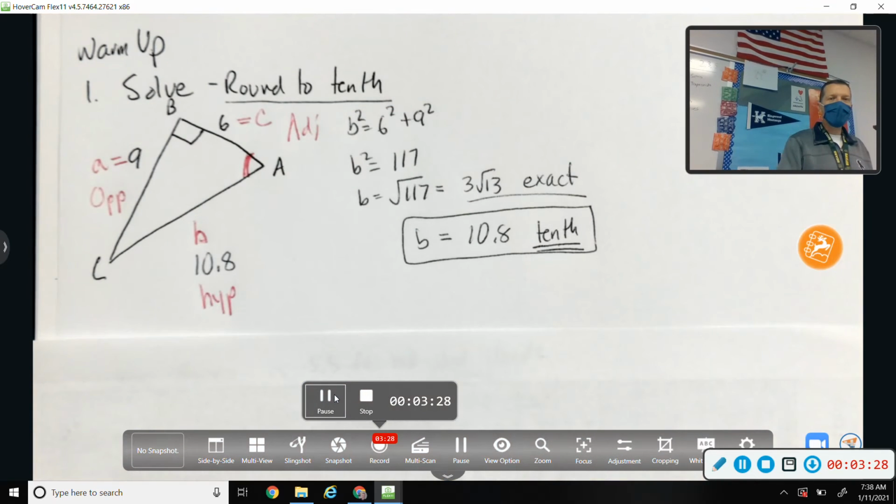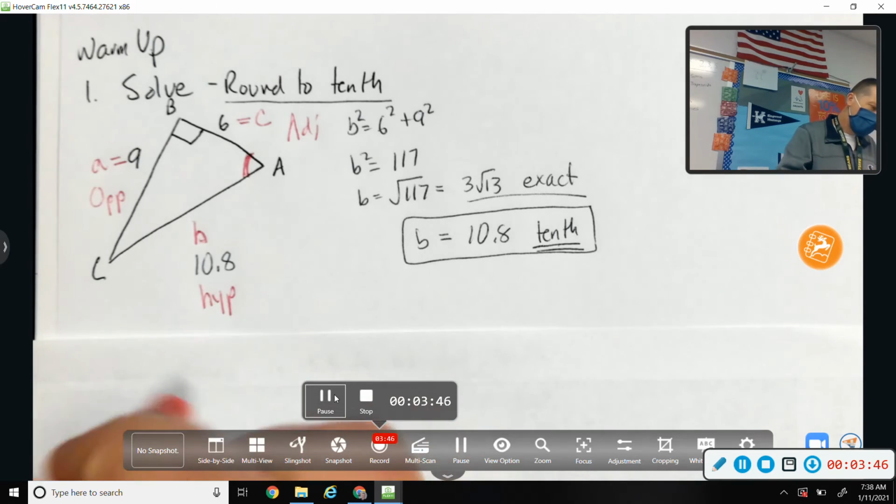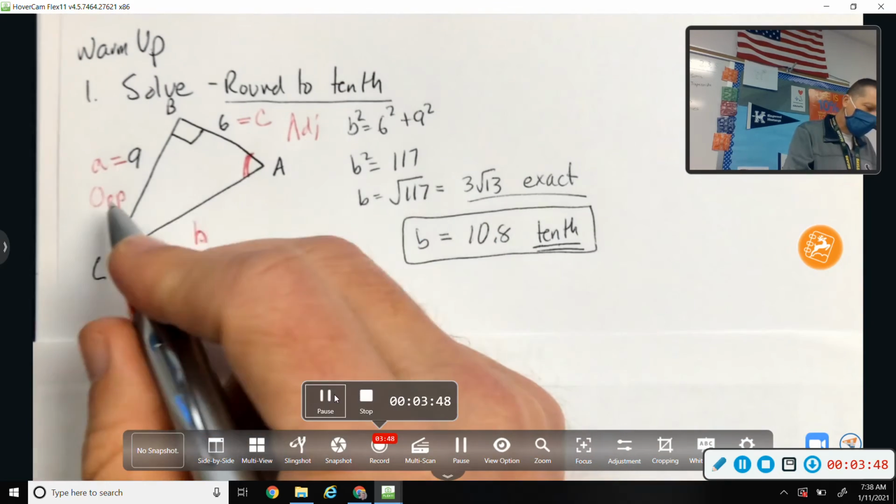So if we had picked angle C to look at, opposite and adjacent would be switched. So be careful. This is also a place where if you're studying with friends and you pick different angles and then you're trying to compare notes, things might look backwards, but you might both be correct depending on which angle you picked. So I've got opposite and adjacent.